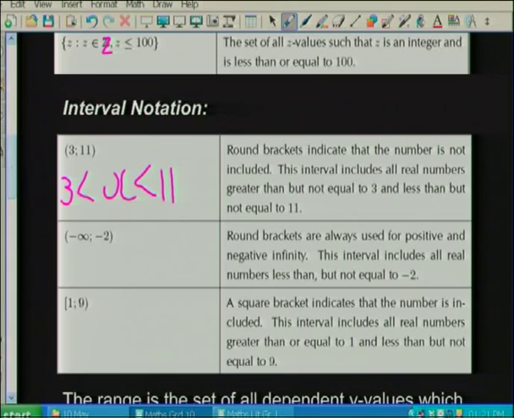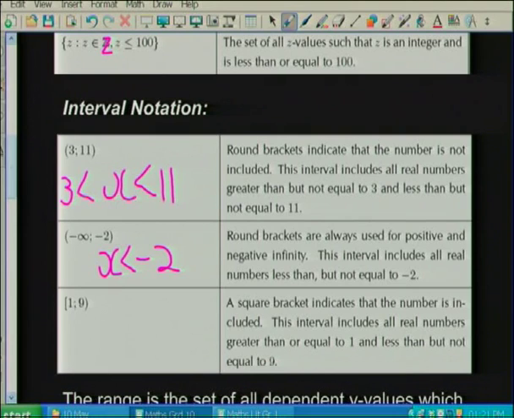So greater than, but not greater than and equal to, less than 11, but not equal to 11. This one says from negative infinity to -2. So if I had to write that in set notation, that would be X less than -2. And that will then carry on into infinity.